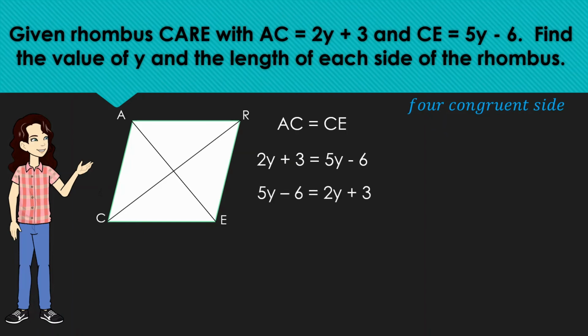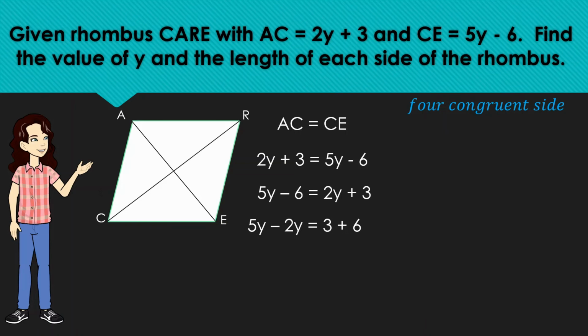So we need to change the position to avoid confusion with the negative sign. We write 5y minus 6 on the left side and 2y plus 3 on the right side. We use the subtraction property to eliminate 2y and the addition property to eliminate 6, or simply transpose.